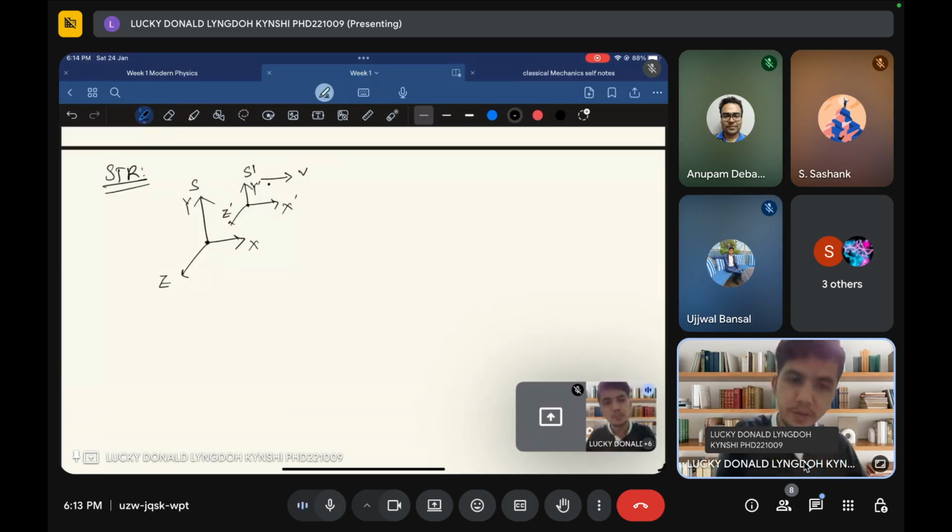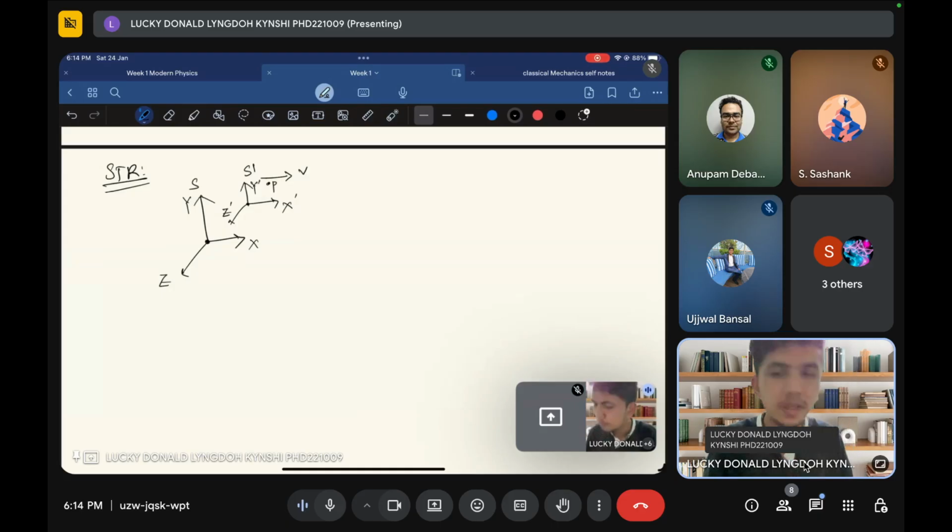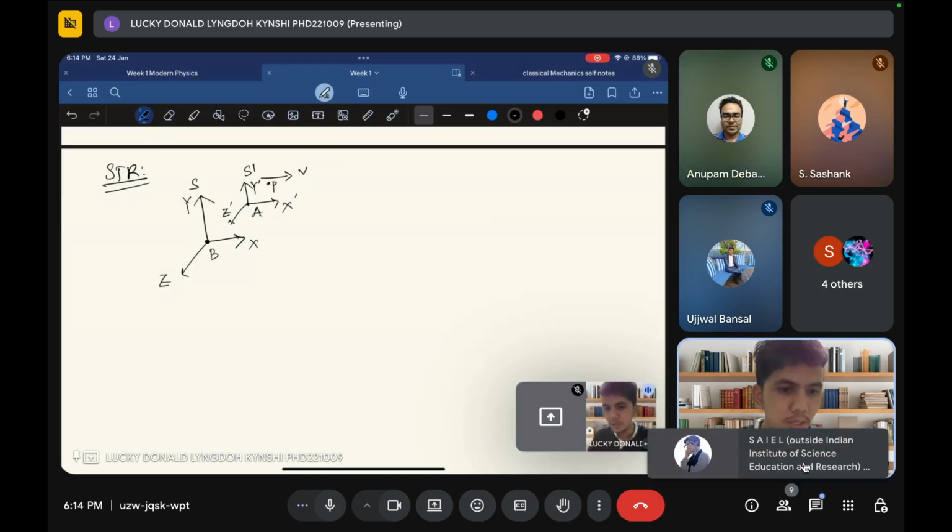One person is moving with a velocity v and tries to measure something, and the other frame of reference means a person staying on the ground who is also trying to measure the same event, point P. Let's say there is one person A here and one person B here. The person B is staying on the ground and tries to measure the event represented by point P, and A is moving with the velocity v and also trying to measure the same event.